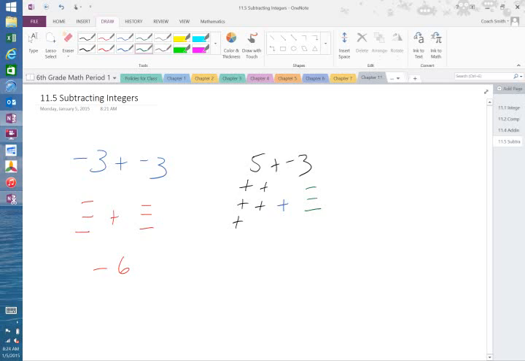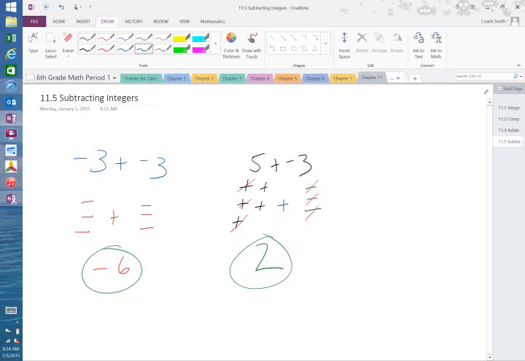Negatives and positives cancel each other out. So for every positive sign, it's going to cancel out a negative sign. So what am I left with? 2 positives. So the answer to this problem is a positive 2.